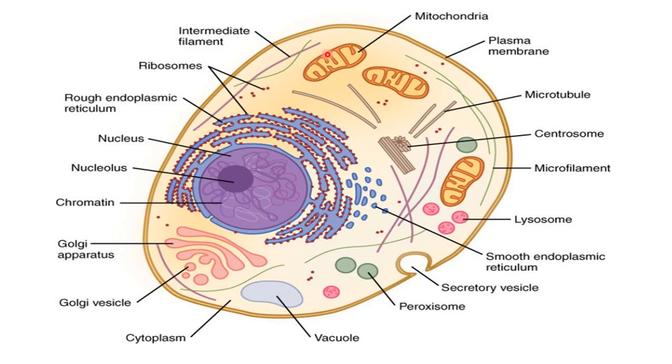All the organelles are embedded in the cytoplasm. This is the Golgi complex, peroxisome, secretory vesicles, smooth endoplasmic reticulum and rough endoplasmic reticulum, microfilaments, microtubules, mitochondria, and intermediate filaments and ribosomes.